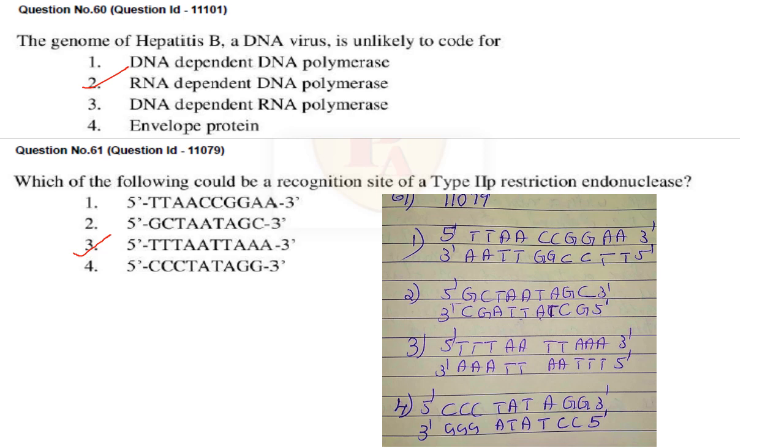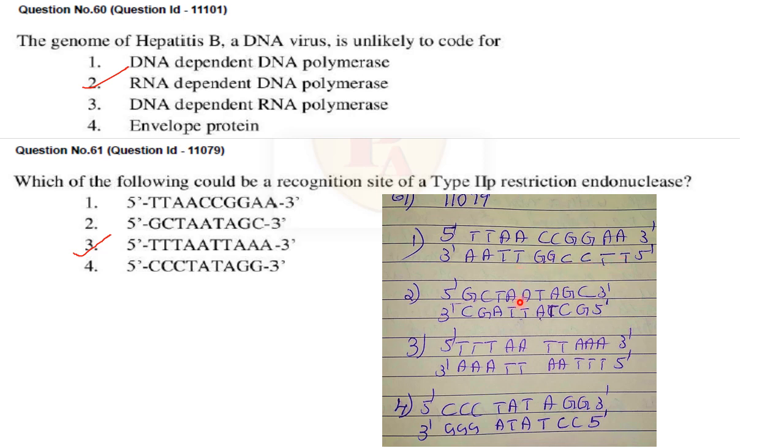Then next one. Which of the following could be the recognition site of a type 2 restriction endonuclease? It should be a palindromic sequence. Then it will be recognized by the type 2 restriction endonuclease. So first one, if you see, this is 5' TTAA CCGGAA. But if you read in the reverse direction, TTCCGG.